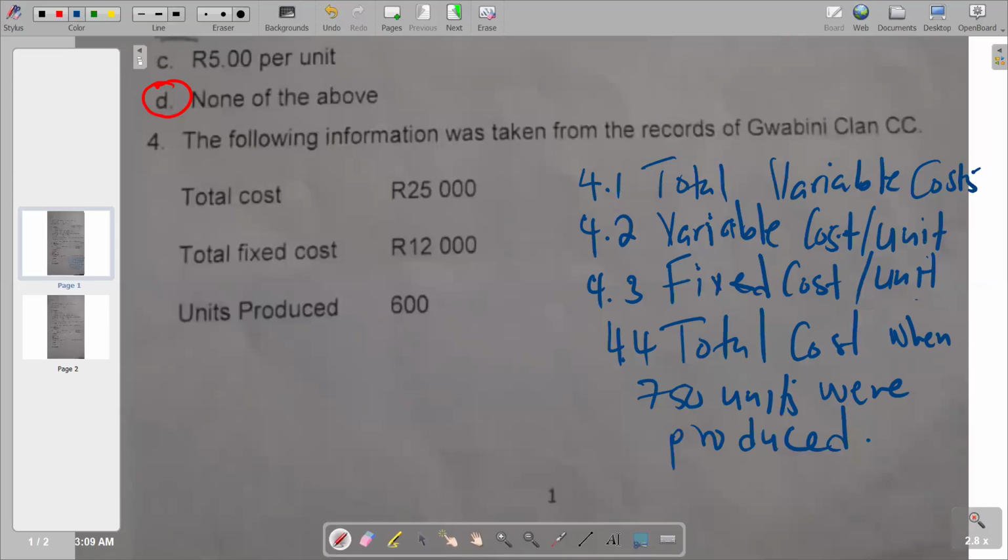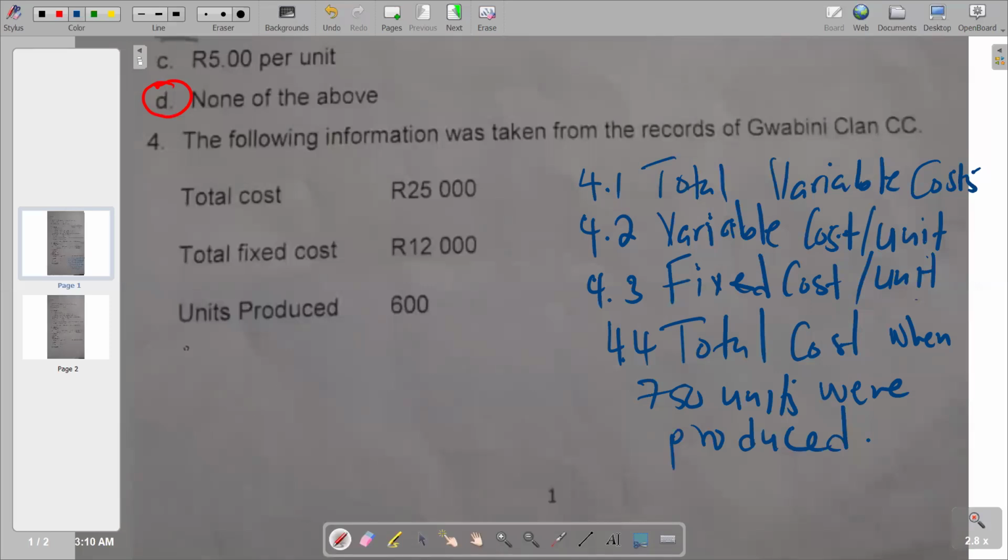On the first part, we are going to calculate the total variable cost. We've got 600 units as units produced.